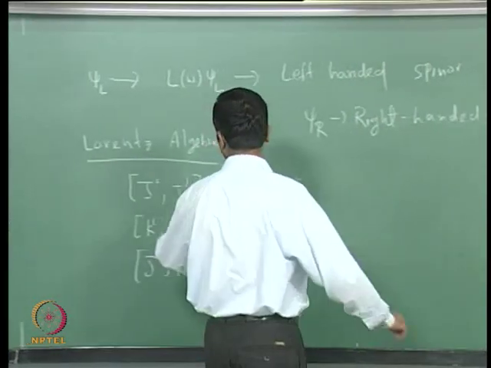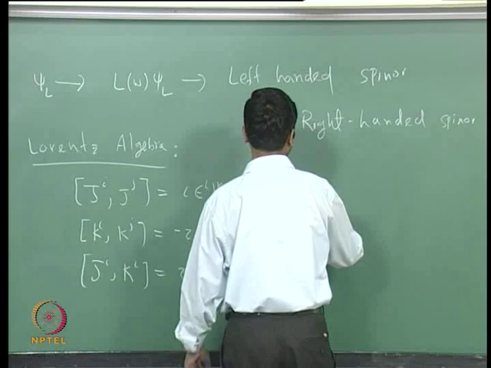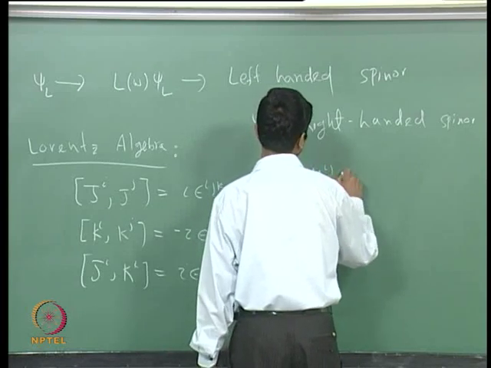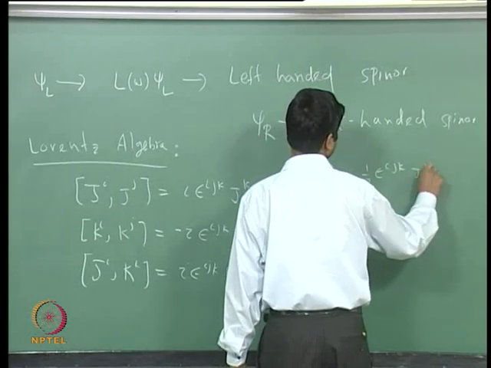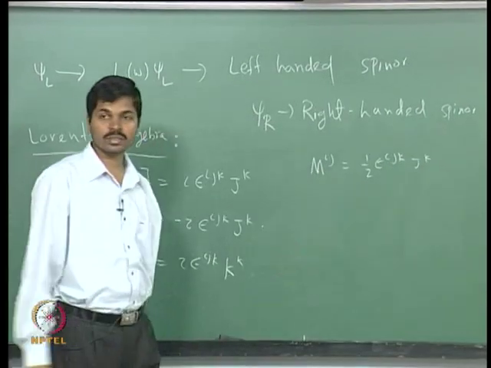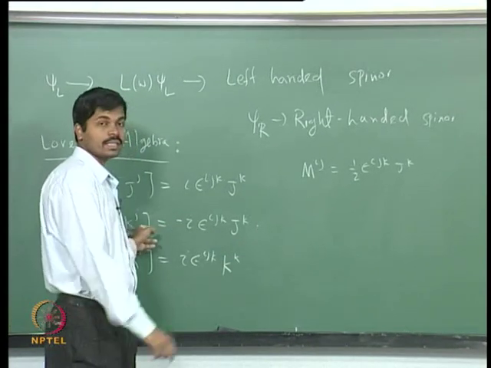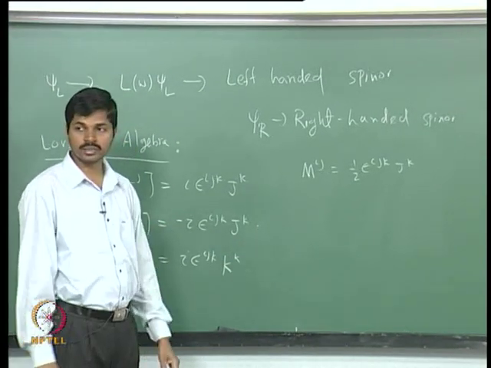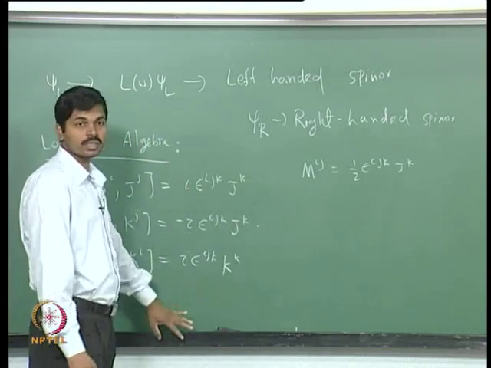So these J's are the rotation generators and K's are the boost generators, or in other words Mij equals half epsilon ijk Jk, and the 0i components of the generators M are identified with these K's, the boost generators. Then you can see that the Lorentz algebra just reduces to this.